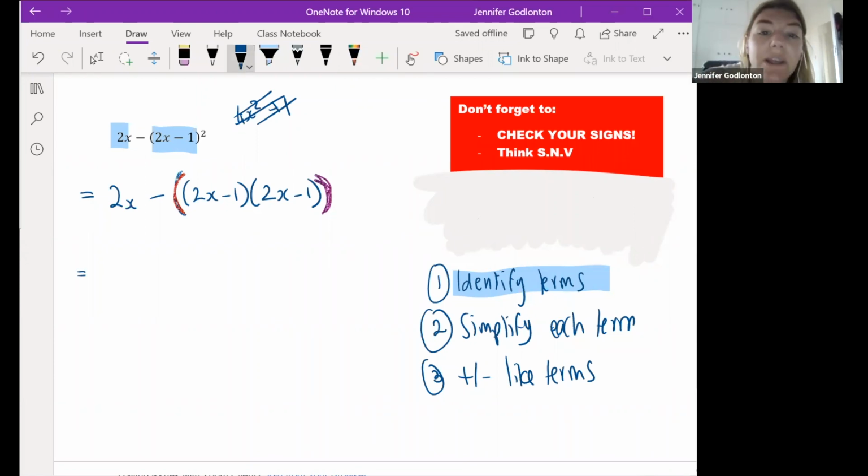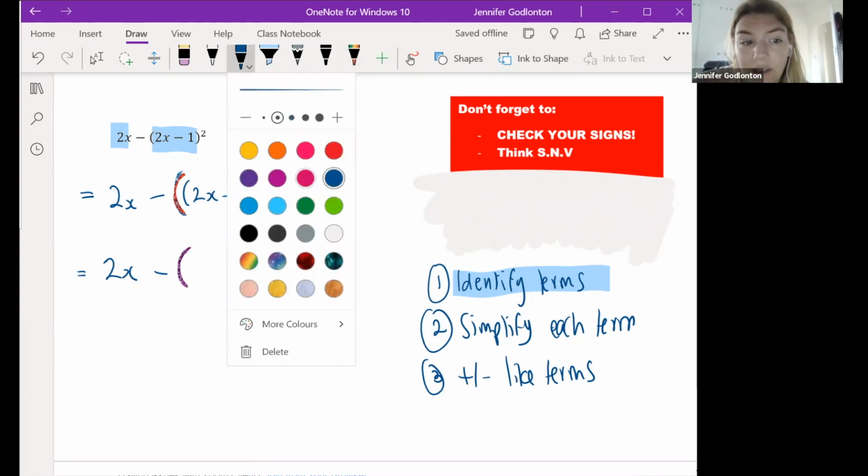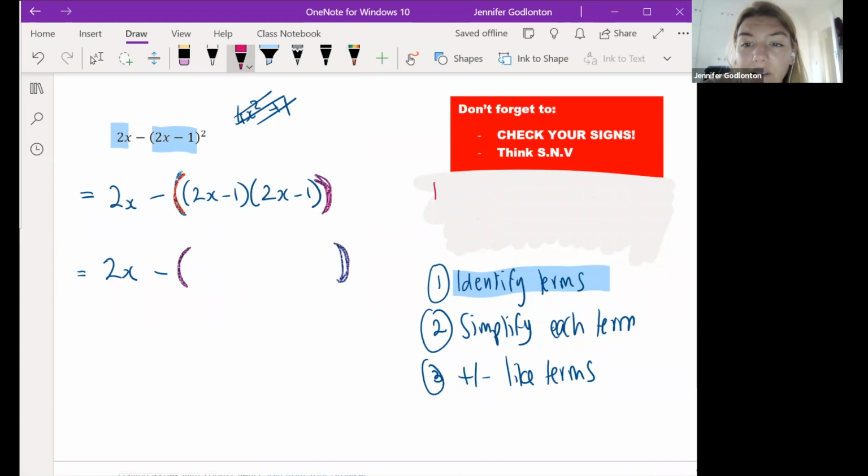So now we can start simplifying each term. In this term, within my magic brackets over here, I'm going to do FOIL. You know, we haven't spoken about FOIL for a long time, but we are going to do FOIL. So that means first, outer, inner, last. As in our first term multiplied by our first term, which gives us 4x squared.